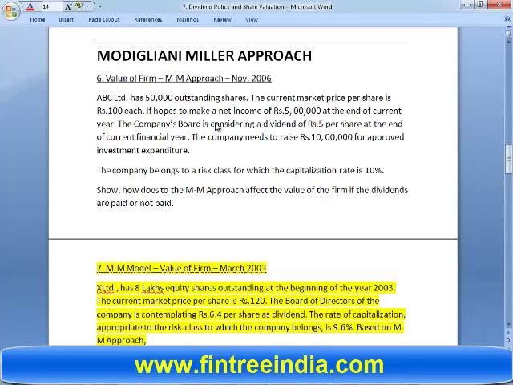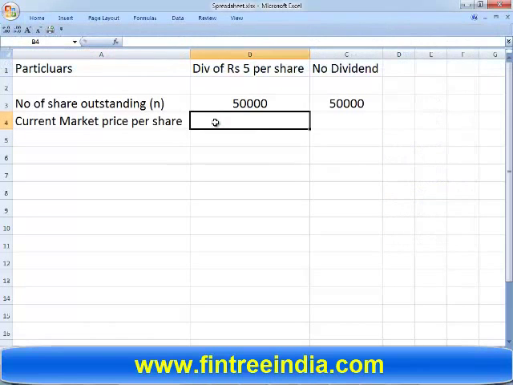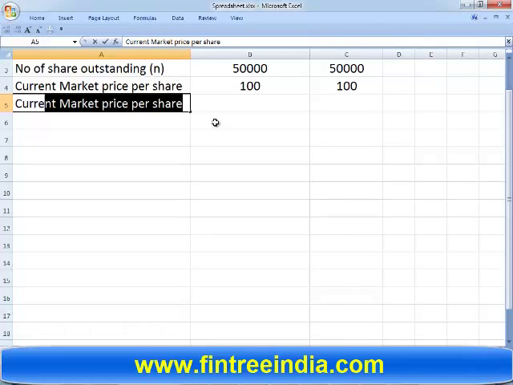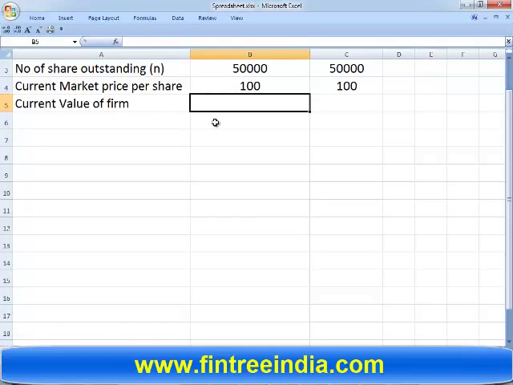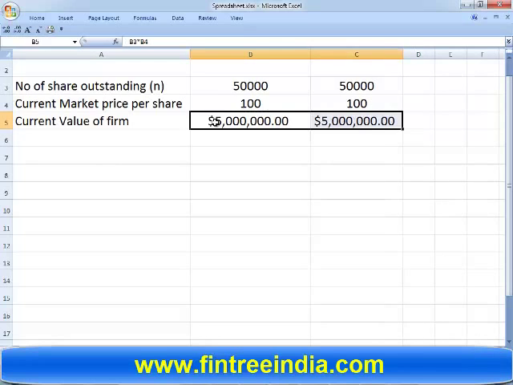Current market price per share is 100 and 100. Current value of the firm is 5 million in both the cases, 50 lakhs.